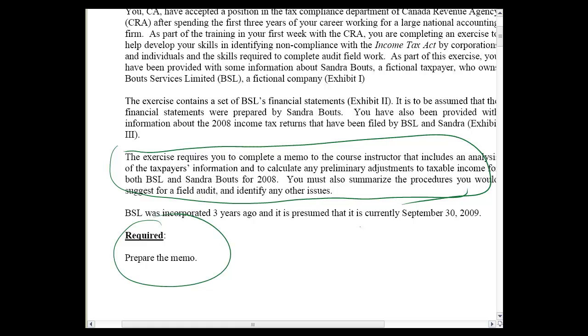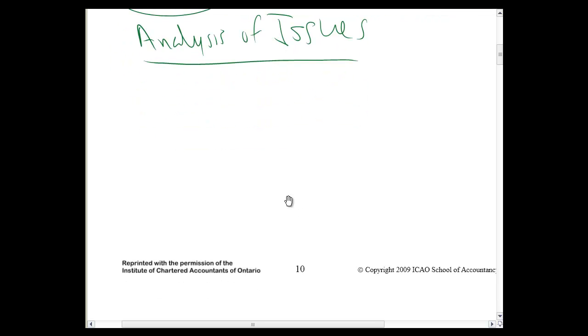You should have basically some sort of answer that shows, so you're going to have something that looks like: analysis of issues, and we're going to go through them one by one real quickly, and then down below you're going to have, what do they call it here?